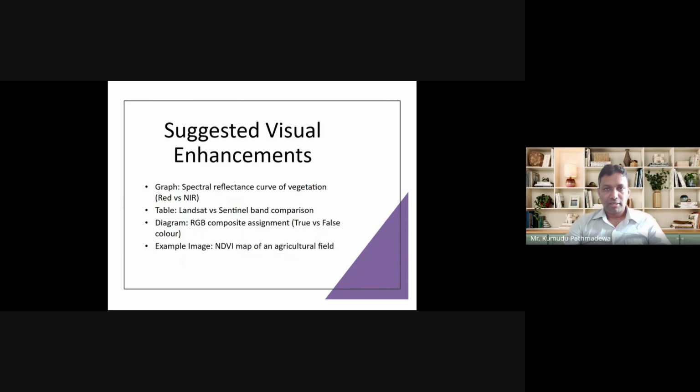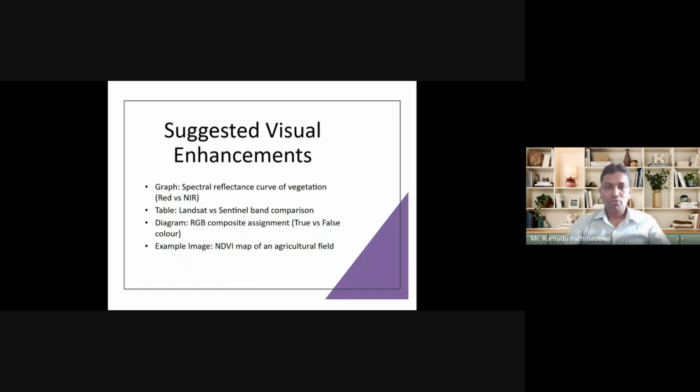Those we discussed already. I have shown these diagrams and tables, the reflectance curves also, and this NDVI map in the agriculture field. So we can get a clear idea of how multispectral images work.